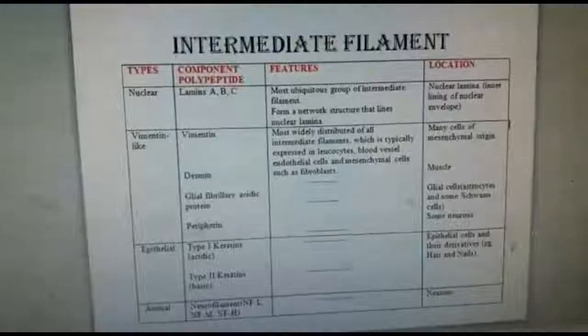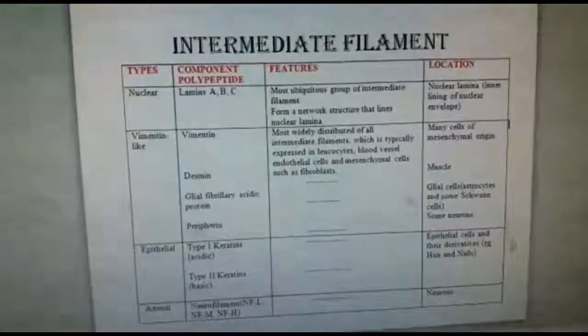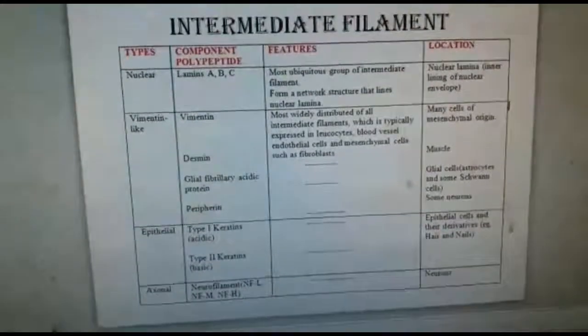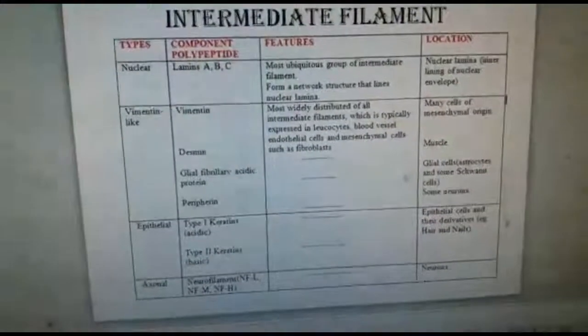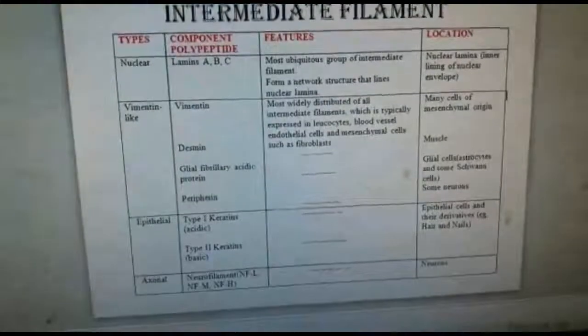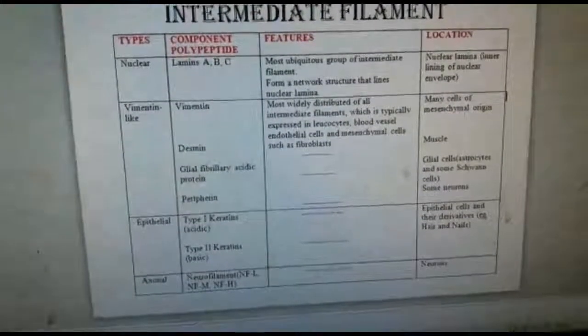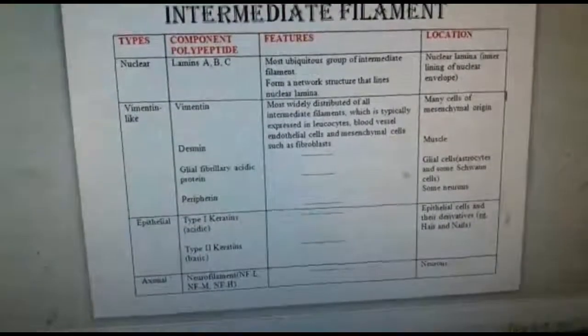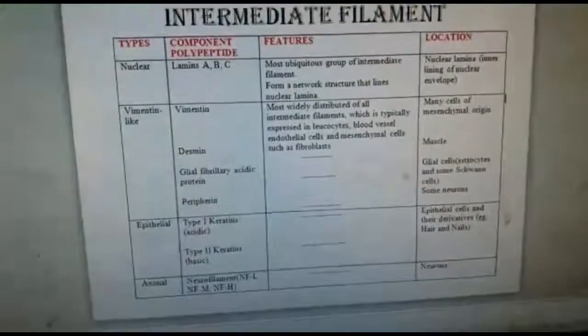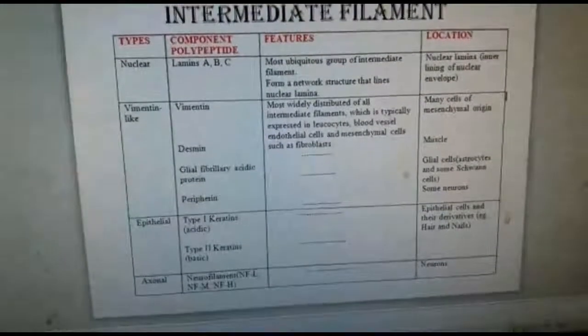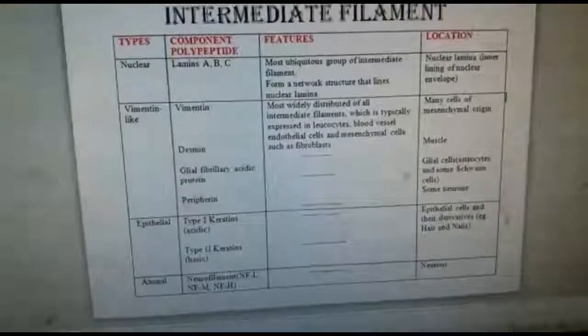All intermediate filaments share a common structural organization. The individual polypeptide of intermediate filaments is an elongated molecule consisting of a non-alpha helical N-terminal head domain, a central alpha helical rod domain, and a non-alpha helical C-terminal tail domain.